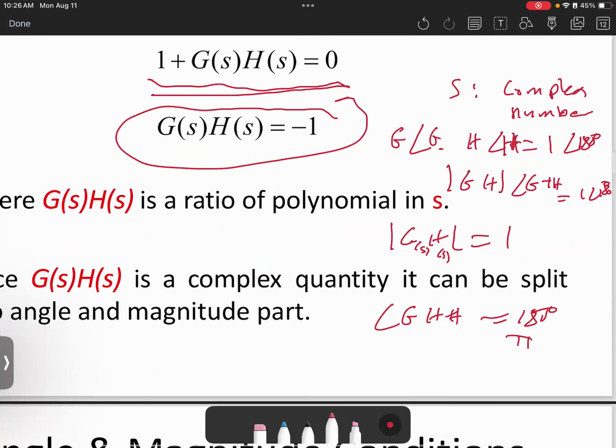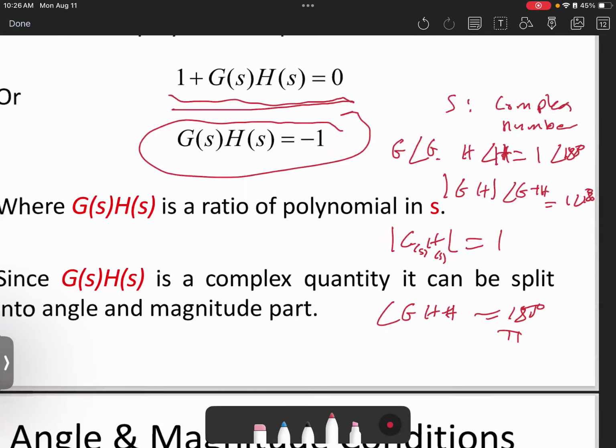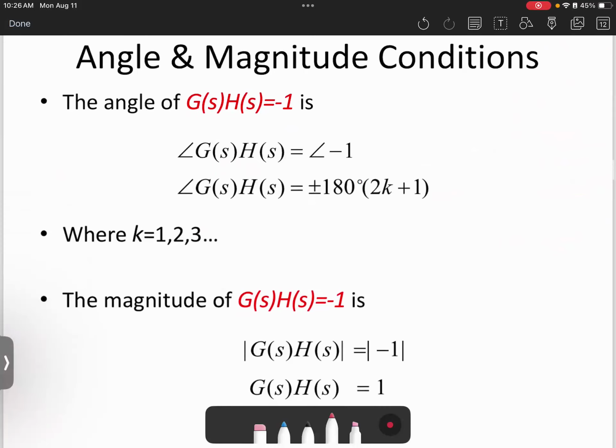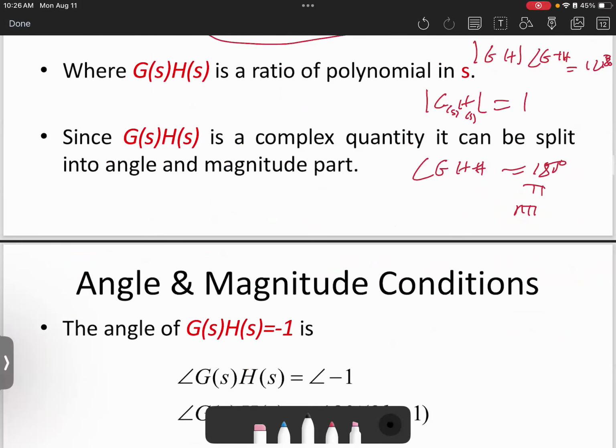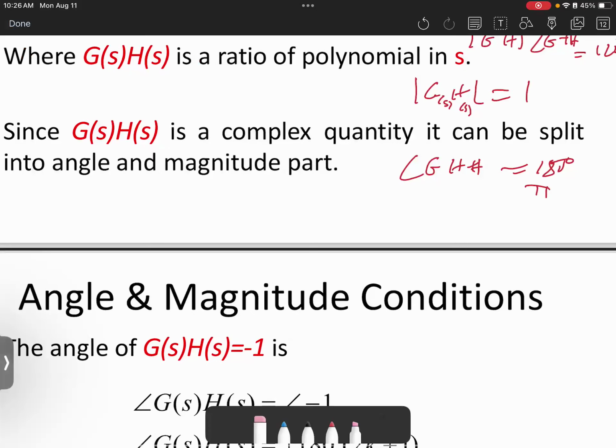Sometimes we can say n times pi, or 2n plus 1 times pi if it is in radians, or 2n plus 1 times 180 if we are talking about degrees.